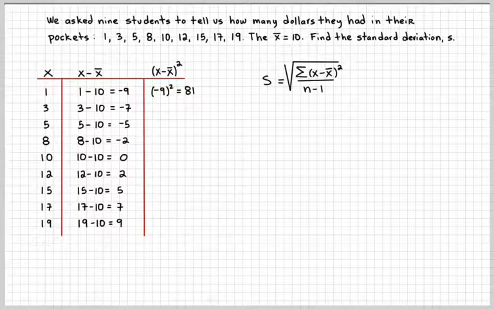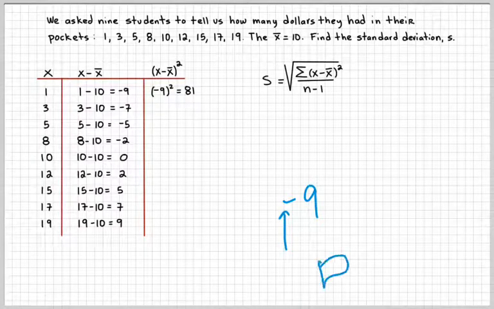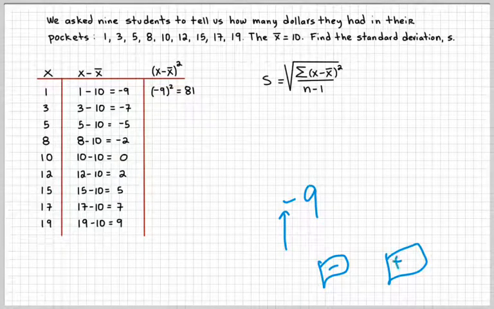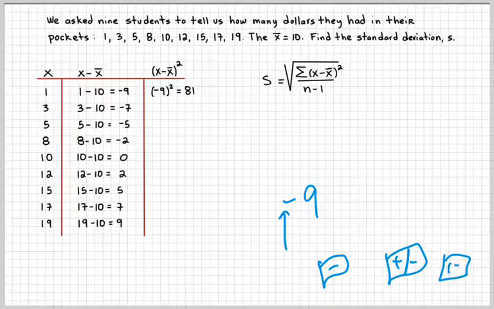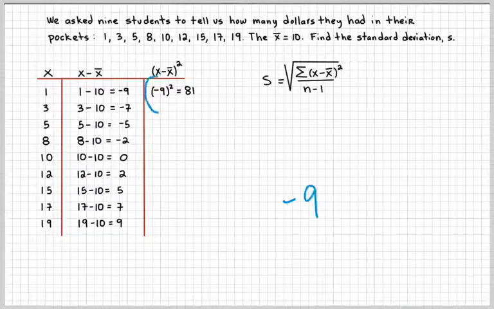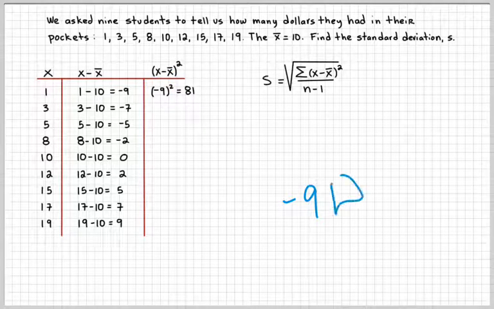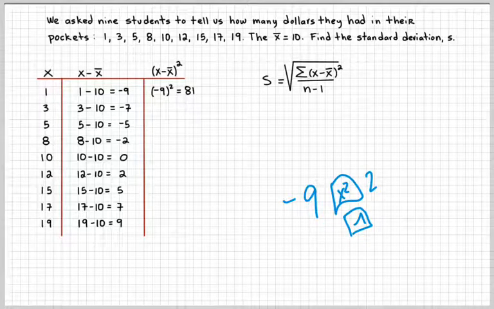If you're using something like a TI-81 or an algebraic calculator, you've got to be very careful. If you type in -9, make sure the negative is not the subtraction button, but the one that's plus or minus, or the one with parentheses and minus. If you use the square button or the caret key and put 2, this answer will give you -81.